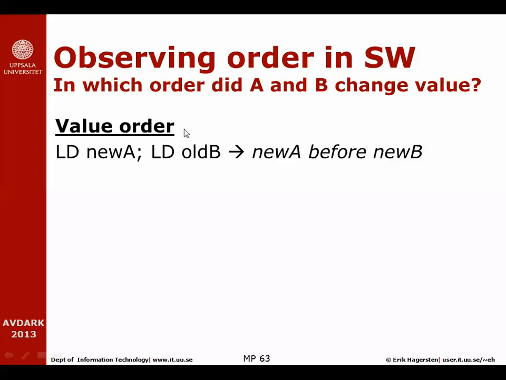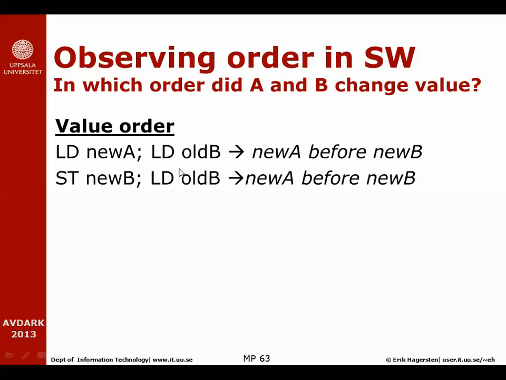You can also determine which order A and B change the value by being the one to change the value of A and B. So if you perform a store operation, new A, after which you perform a load operation, loading old B, then you know that A was changed first by yourself before B was changed, possibly by somebody else.